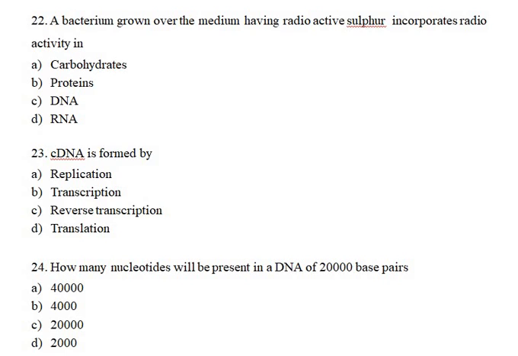Here they asked how many nucleotides will be present in a DNA of 20,000 base pairs. One base pair contains two bases, which contains 2 nucleotides. So one base pair contains 2 nucleotides. So 20,000 base pairs contains 40,000 nucleotides.